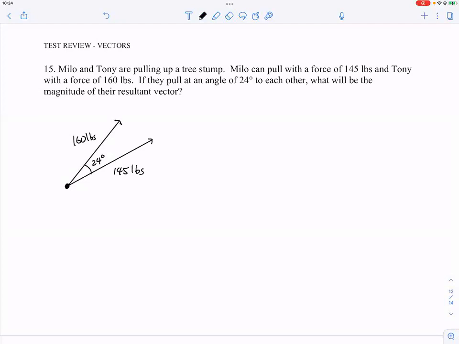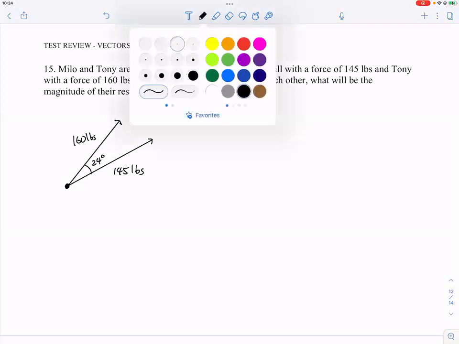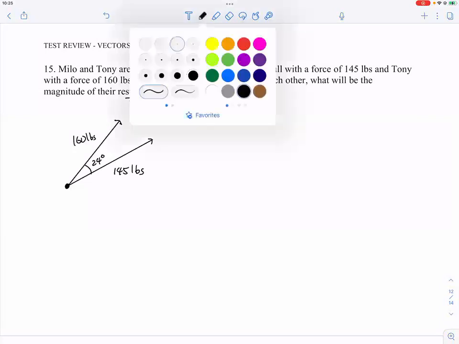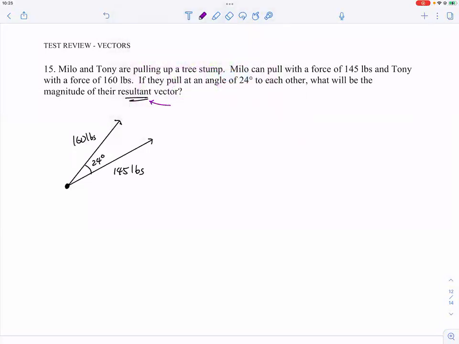Now, whenever you see the word resultant, if you took physics already, or if you are taking physics this year, you can immediately ask yourself a question: are the vectors connected head to tail?